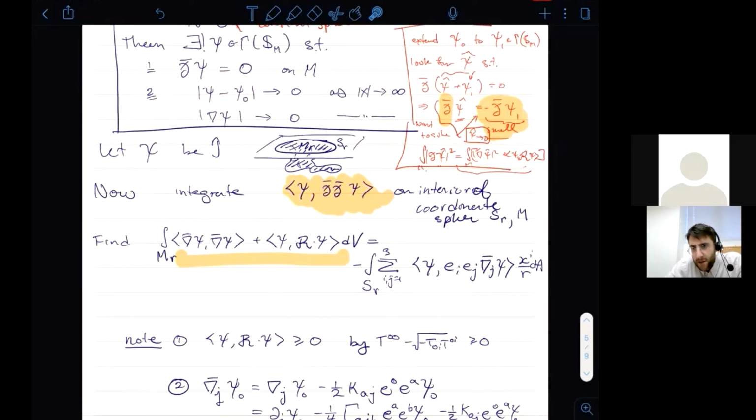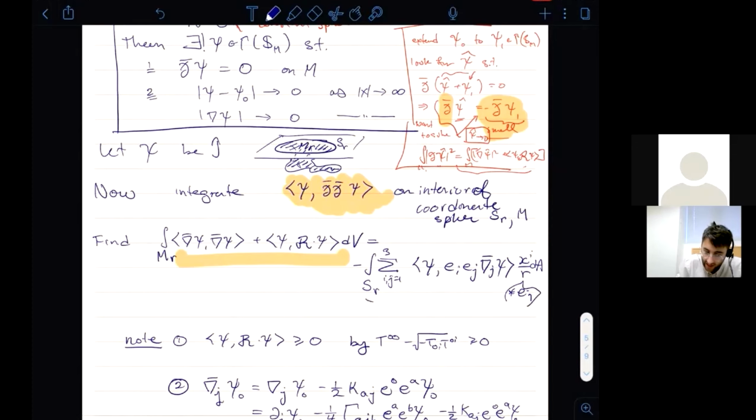All right, and the boundary term is, roughly speaking, the normal derivative of psi, but when you make that precise, we get the following. You have e_i, e_j acting on nabla bar_j psi, and then times what's basically the dual of the one-form e_i.